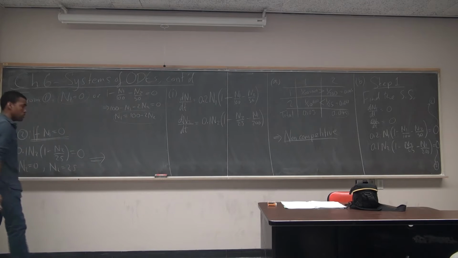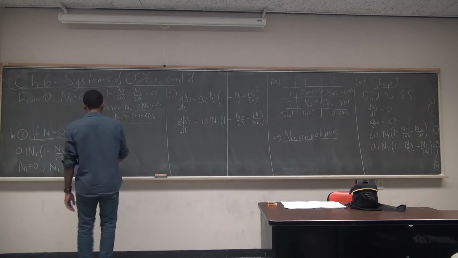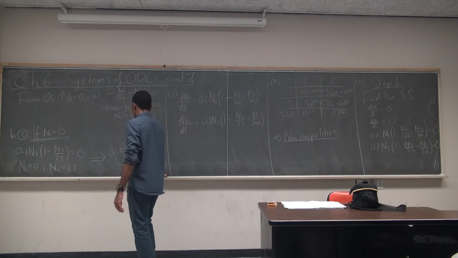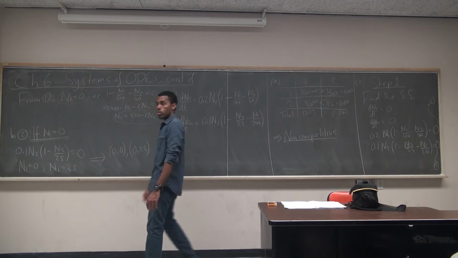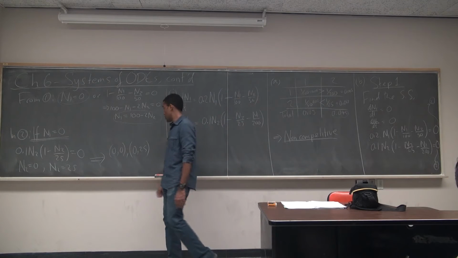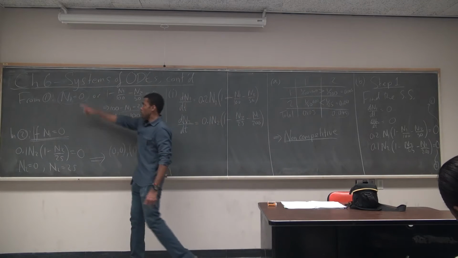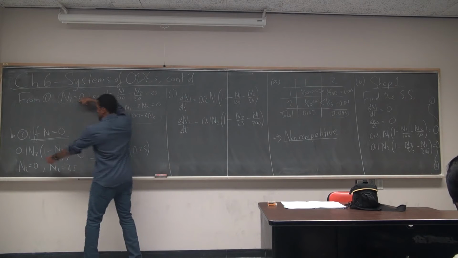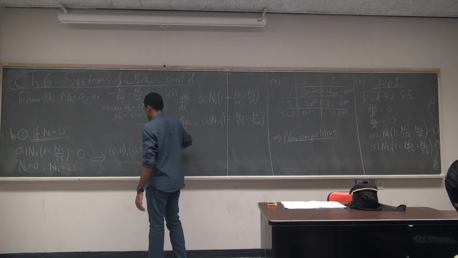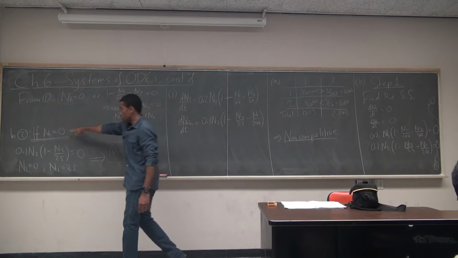This gives us two steady states, right? I can have 0, 0 and 0, 25. Think of my n1 as the x value and my n2 as the y value. So if my x value is 0, my y can either be 0 or 25. And so I get these 2 points for this situation.